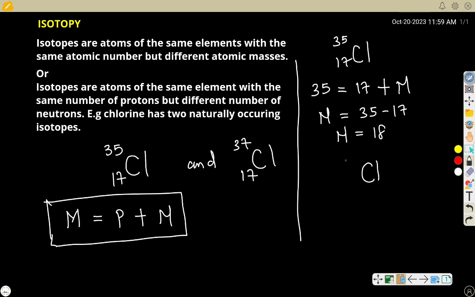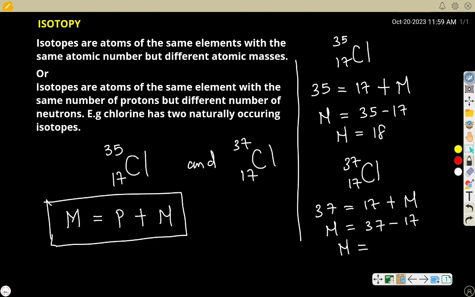Also for chlorine 37 with atomic number or number of proton 17. So we have 37 equals 17 plus number of neutron. So number of neutron is equal to 37 minus 17.